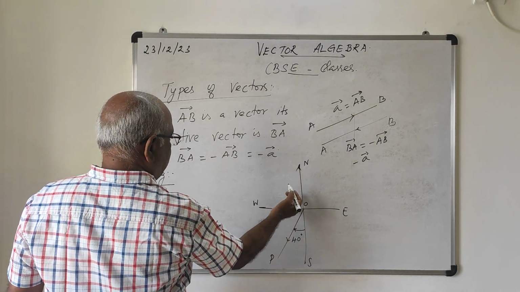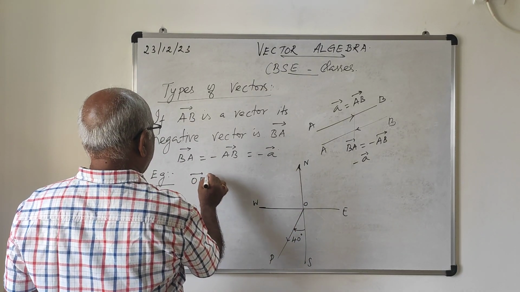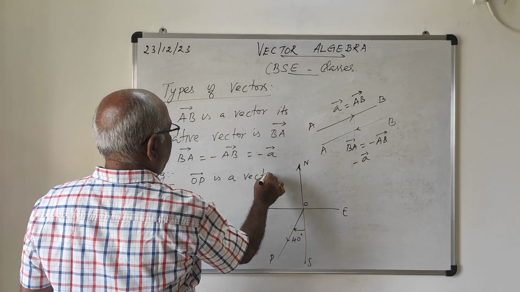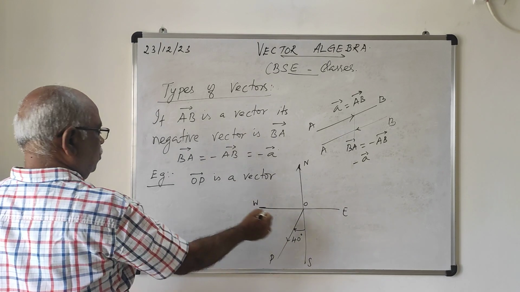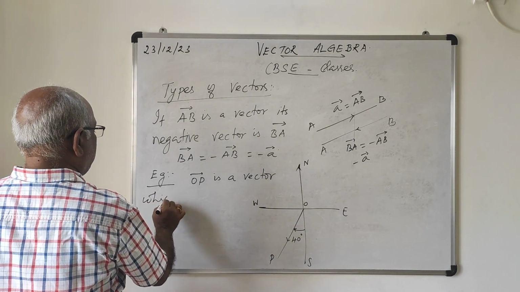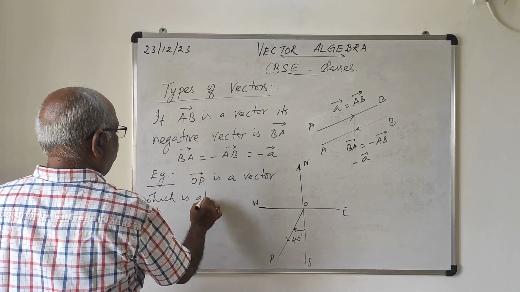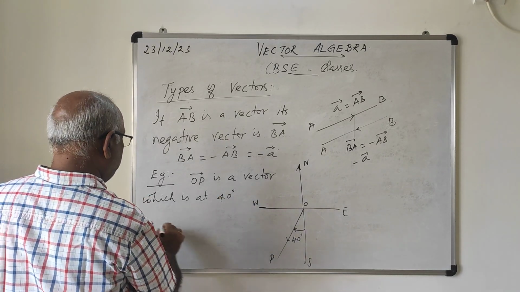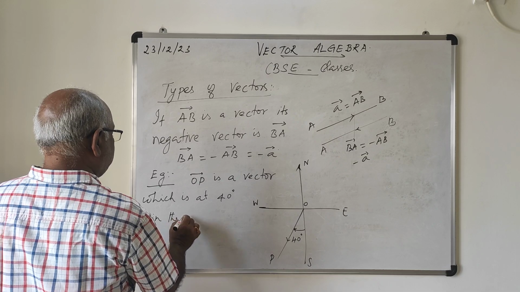OP vector in this diagram is a vector at 40 degrees in the southwest direction.